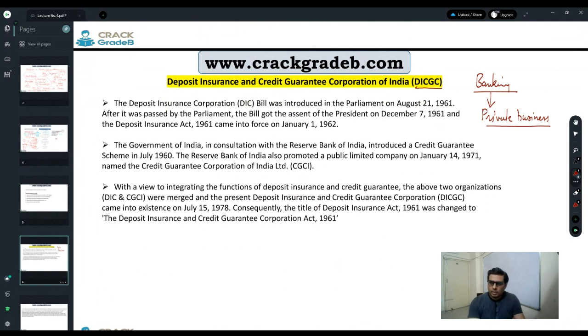And when any person deposits their money, that person has some kind of fear in their mind: what will happen if this private organization goes down? And that fear came true in the early 1950s when two banks in Bengal were liquidated, meaning they were in trouble and finally the banks were liquidated.